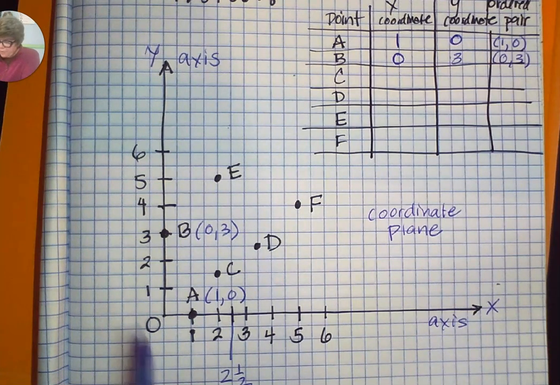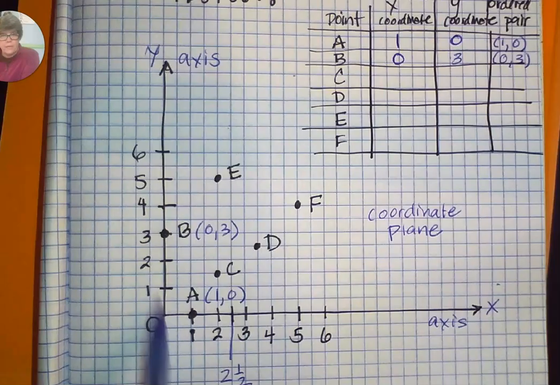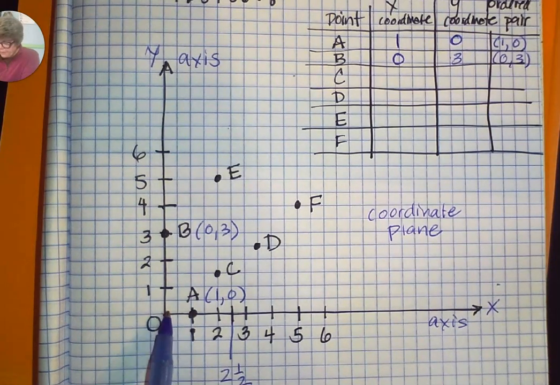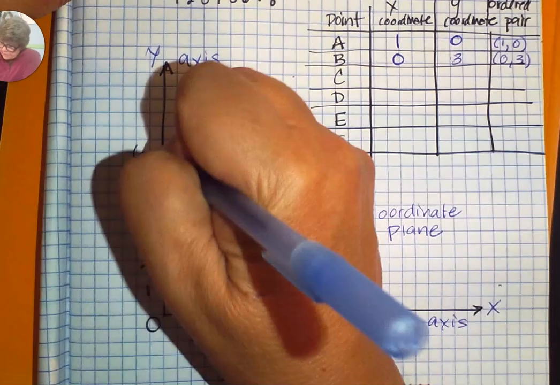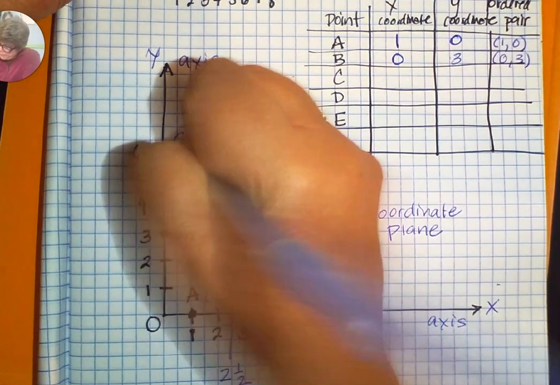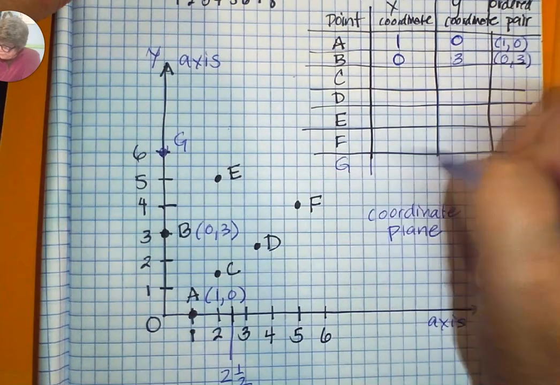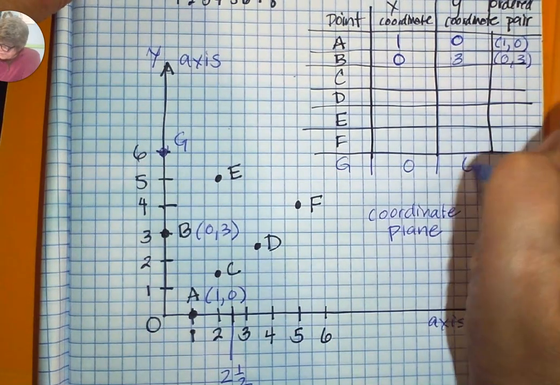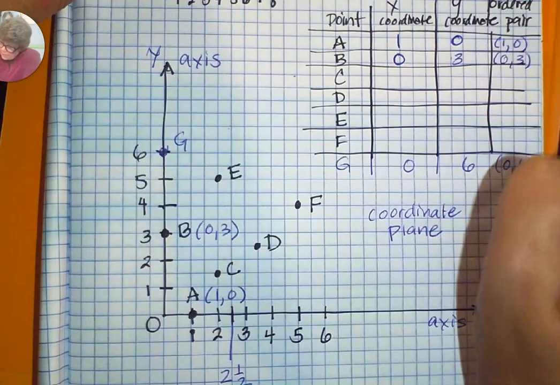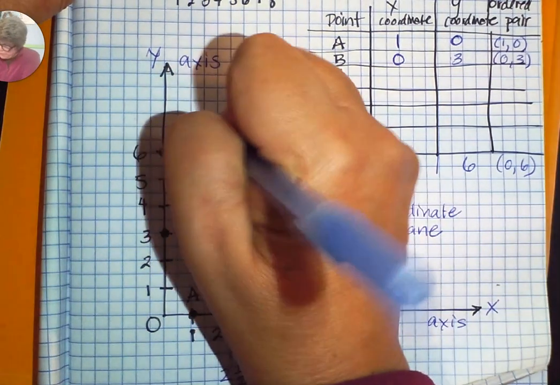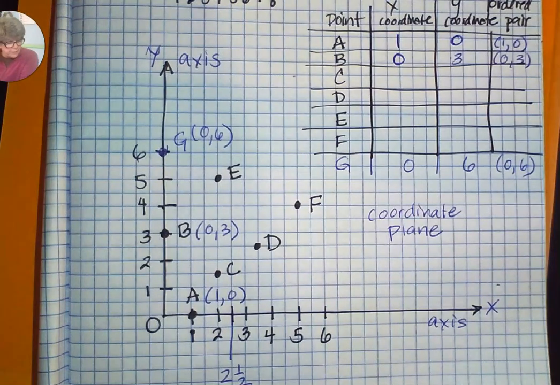So I know it's going to be right here on top of my y-axis, right? Because it's 0 and then 6. So it's going to sit right here. And I'm going to add a G to my list here, 0, 6. And put a 0, 6 here, right? The more you practice, the better you get at it. Okay.